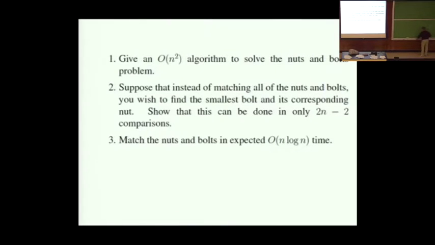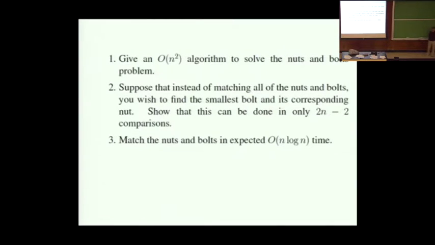What is she going to do? She is going to pull out a random nut. Here is a nut from the pile. She is now going to compare it to every one of the bolts. Some bolts are going to be small bolts, some bolts are going to be big bolts, and one bolt's going to be just right.